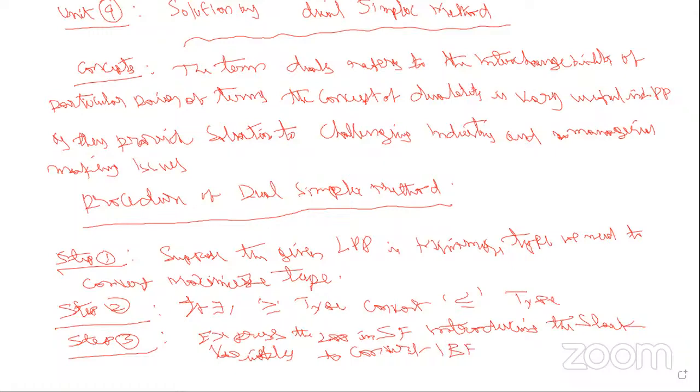IBFS means initial basic feasible solution. Prepare the initial simplex table, that is, by multiplying by -1.